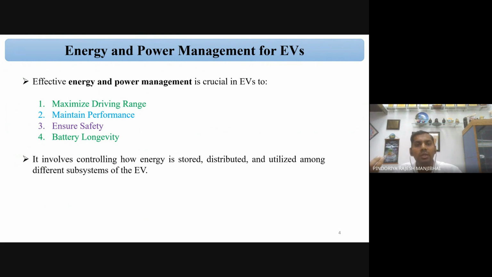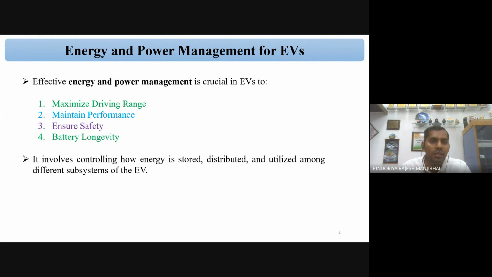So how much time it will take to do the work, that is your power. Simply, energy means capability to do the work, and power means how much time it will take to complete the task. So we have to manage both, energy as well as power. There is energy and power management for the EV.